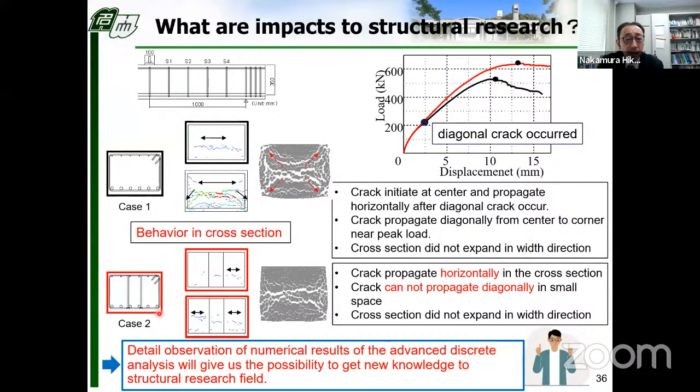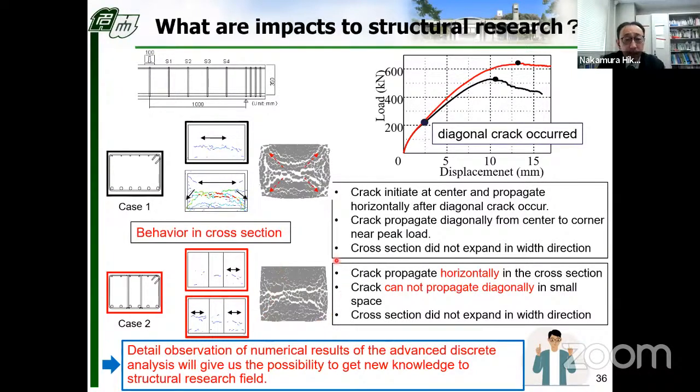On the other hand, for the small leg space case, cracks propagate horizontally in the cross-section, but could not propagate diagonally in the small space. I think the reason is that due to the small space, the crack cannot change the propagation direction.